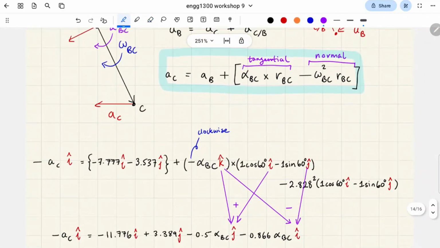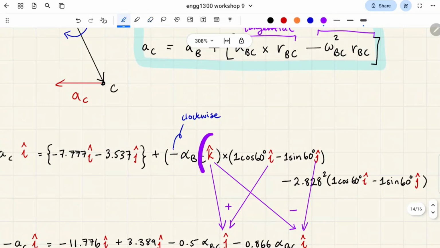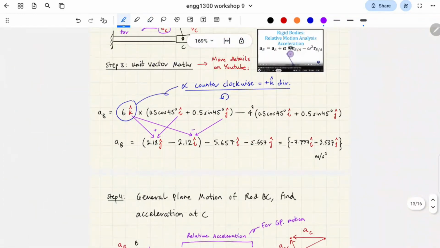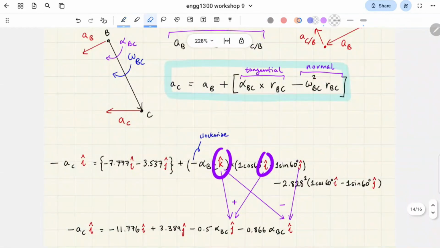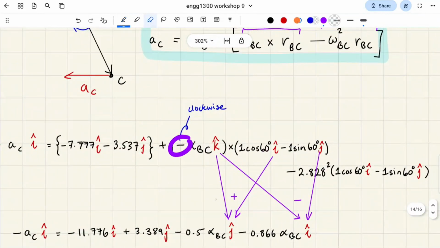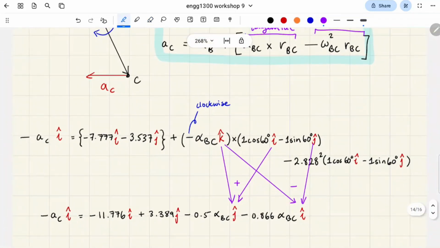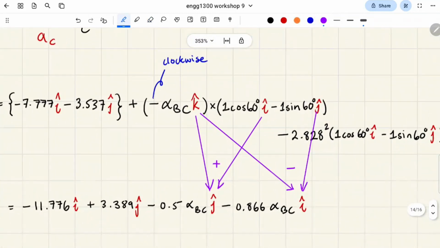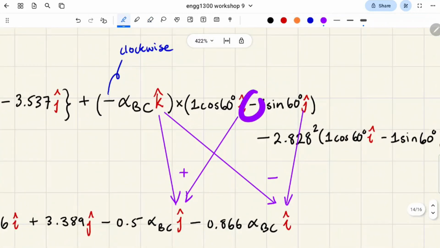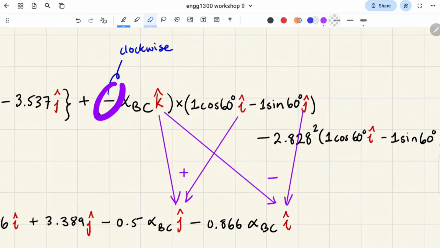Let's not look at anything out the front first. K multiplied by i gives positive j from our table. Now we have to account for the negative here, which gives a negative in our product. Similarly, k and j gives a negative, but there's a negative here and a negative here, which cancel out, so we're just left with the negative.